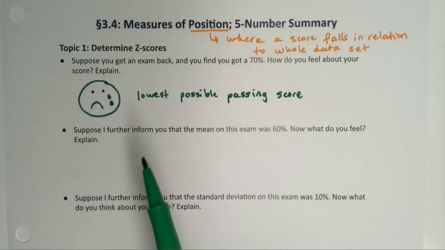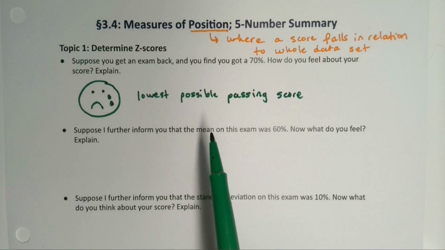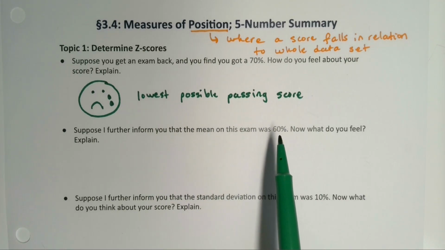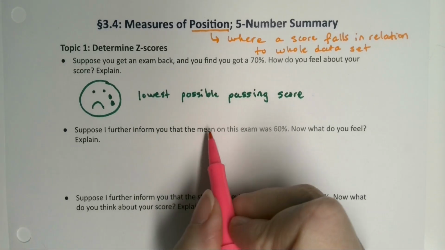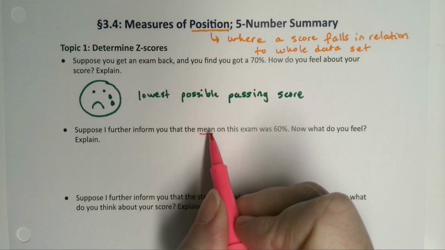But then suppose that I further inform you that the mean on this exam was 60. Now how do you feel? Well, a little bit better, because the mean, remember, is the average. It's the center.